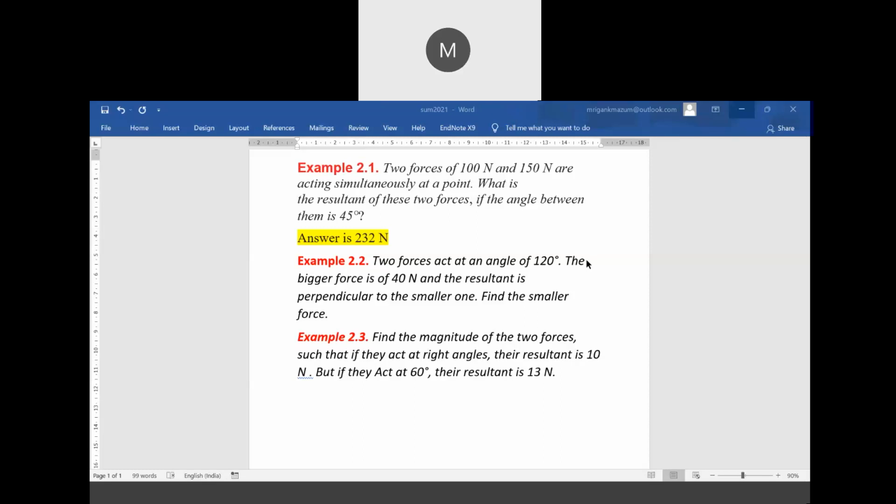What is F2 then? Yes, F1, F2, very good. We got one answer. What about the rest? Just give it a try now. If you can't, it's okay. Just give it a try.